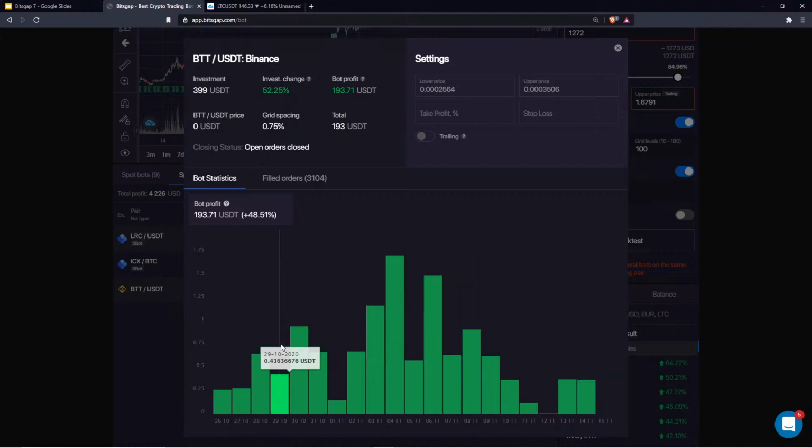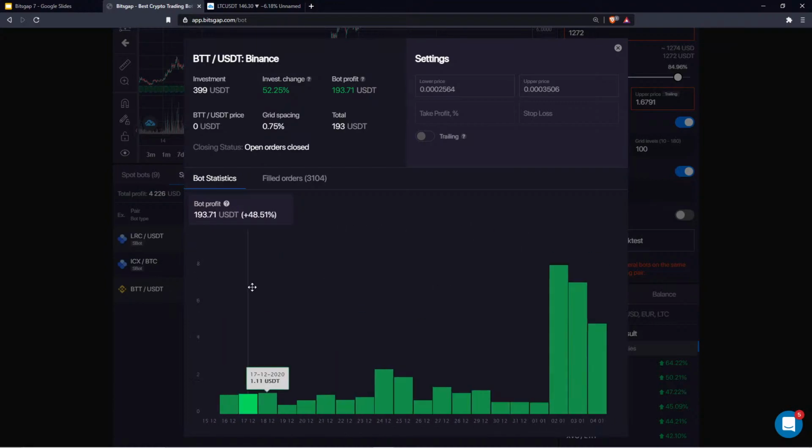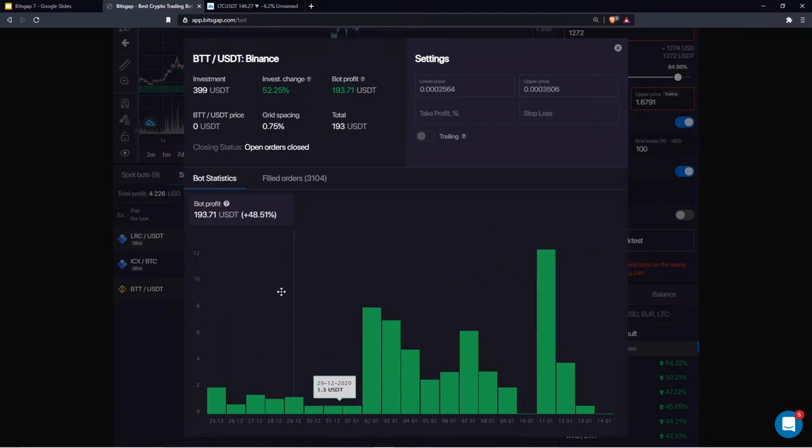Actually, it would be a biased estimation to say that, because it really changed with time. So it's not $4. At least on a weekly basis, you can see what was the daily performance.